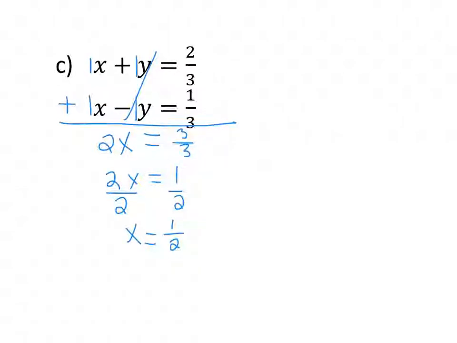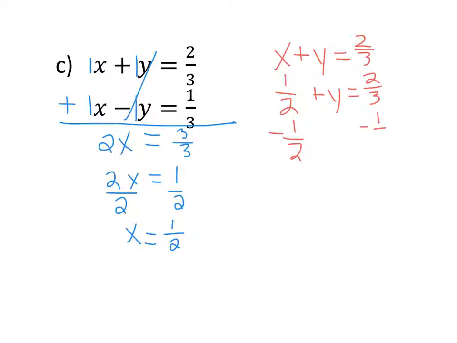Pick an equation. I'll choose the first one. X plus y equals 2/3. I have 1/2 for x, so 1/2 plus y equals 2/3. Subtract 1/2. You can go ahead and use your graphing calculator.